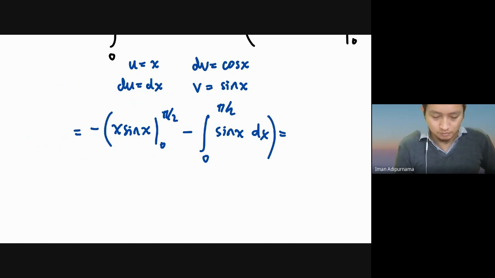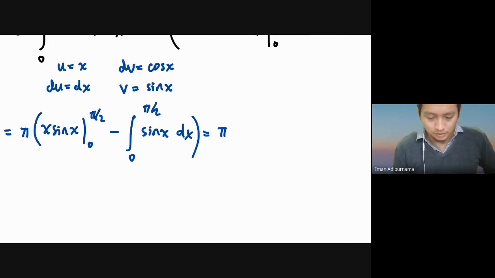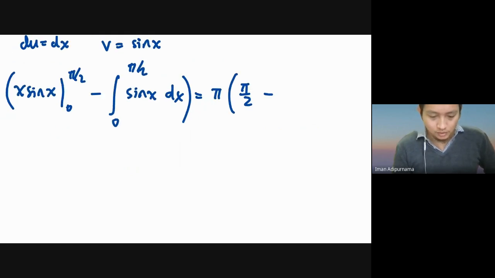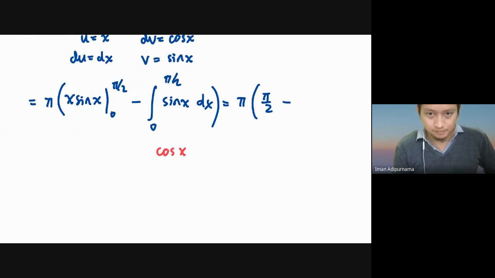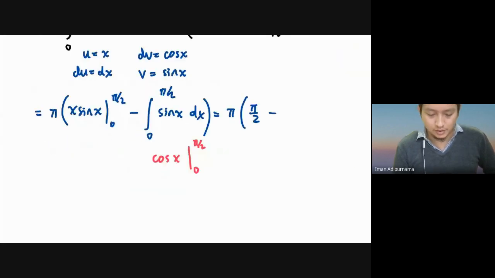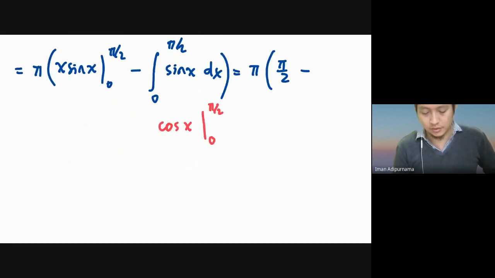So pi over 2 minus, this will be cos x from pi over 2. Oh, yeah, it's correct. Ah, it's 0 minus 1, so minus.